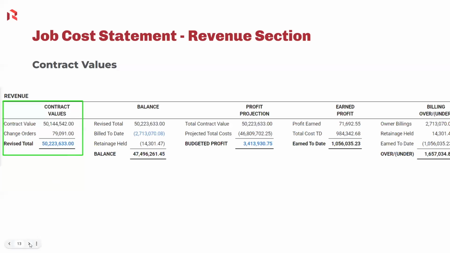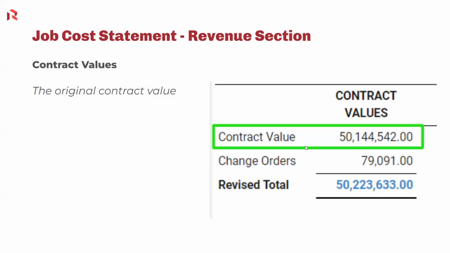The first section we're going to look at is the contract values. The first line in the contract values is just the original contract value. So the owner contract that was signed by the GC and the owner prior to any change orders, the base contract value.